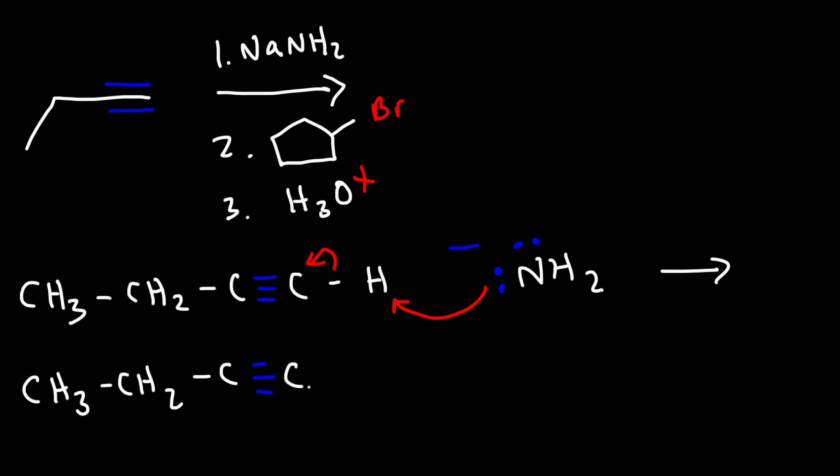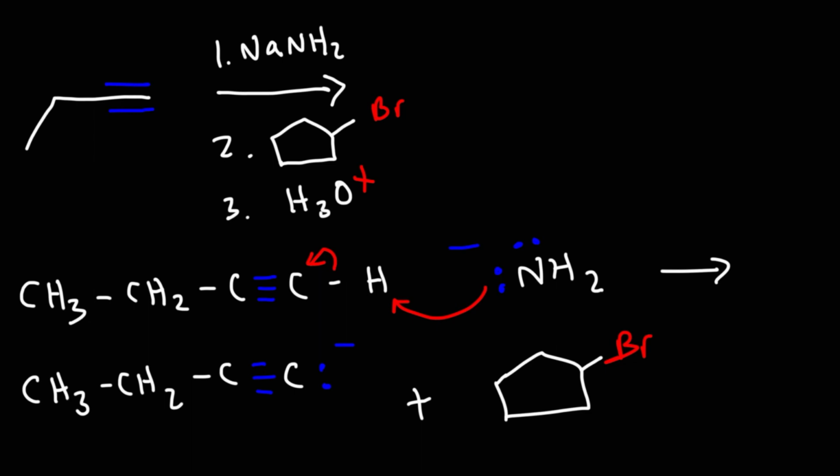After we deprotonate the alkyne and we get the conjugate base, how would this conjugate base react with cyclopentyl bromide? What's going to happen here?